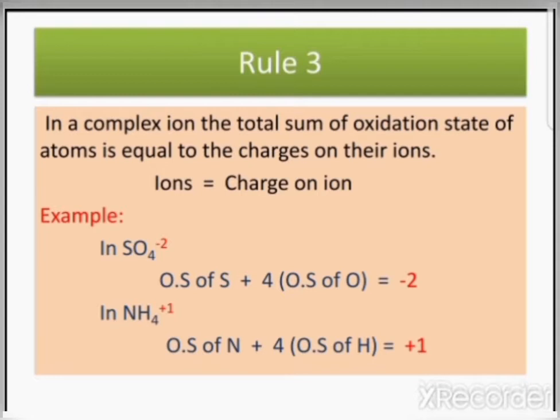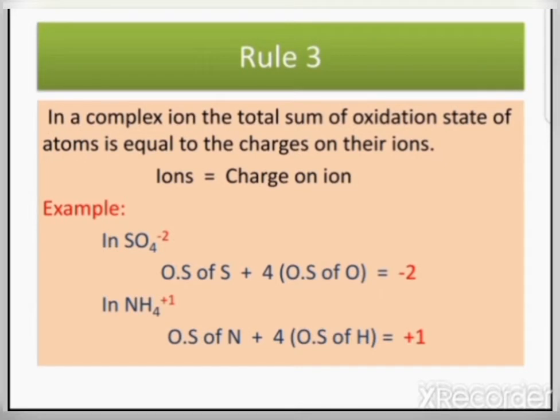Similarly, in case of ammonium ion NH4+, to find the oxidation state of this molecule, we will use the following formula. Oxidation state of nitrogen plus oxidation state of hydrogen multiplied by 4 is equal to charge on the ion, that is +1.